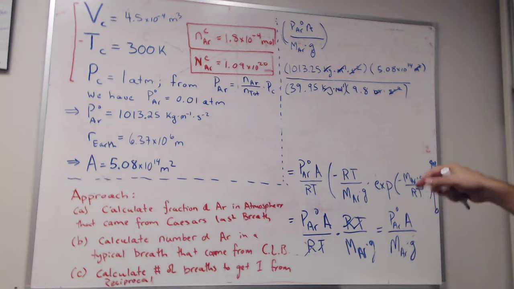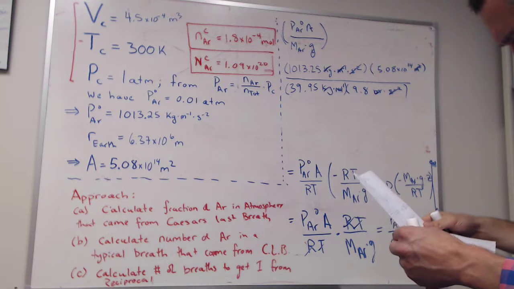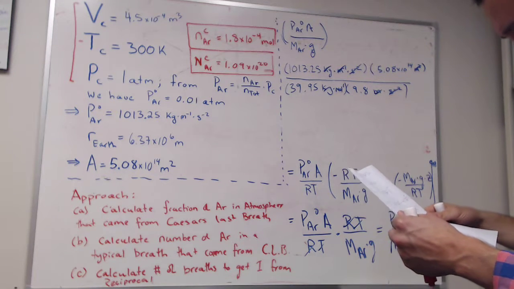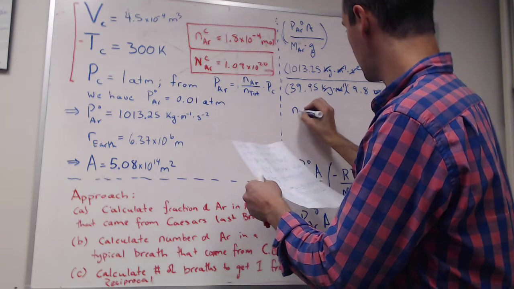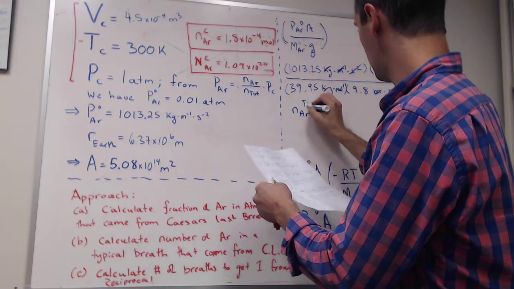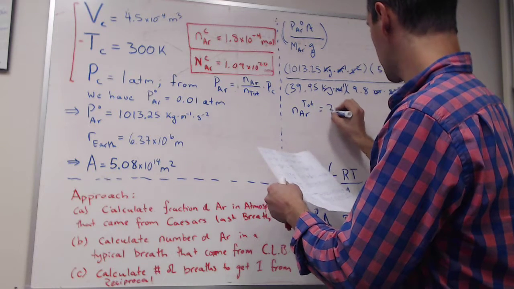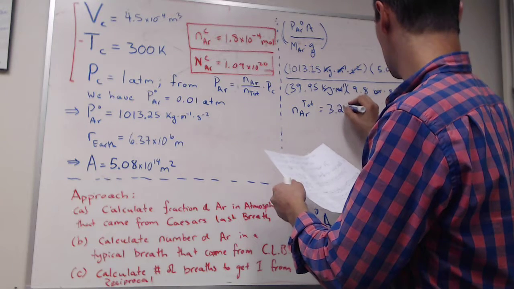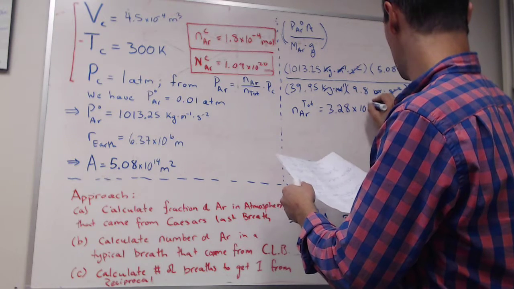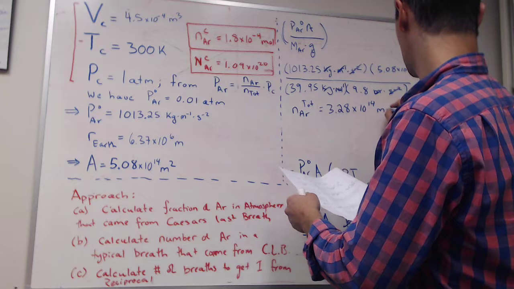Okay, so this works out to be a number which, to the best of my calculating ability, is in argon total is equal to 3.28 times 10 to the 14 moles.